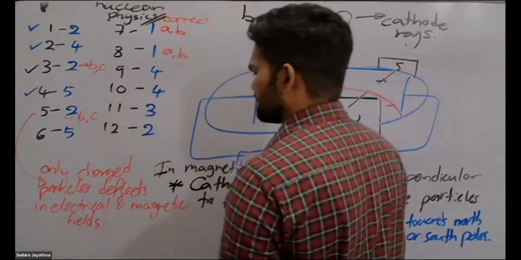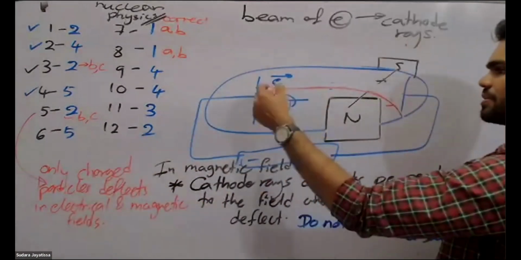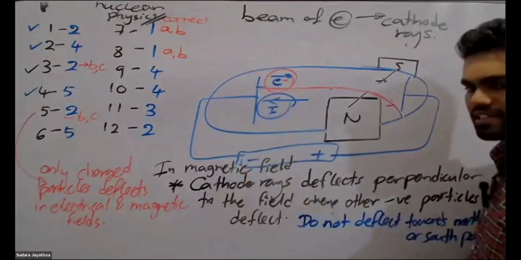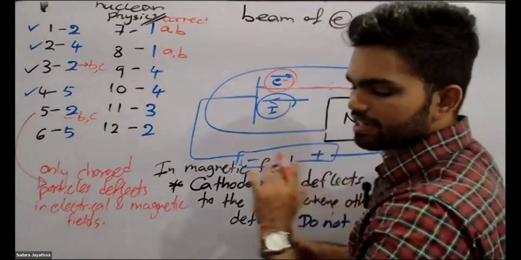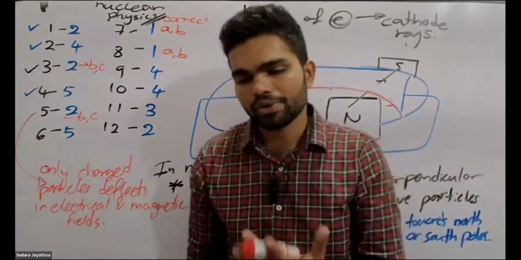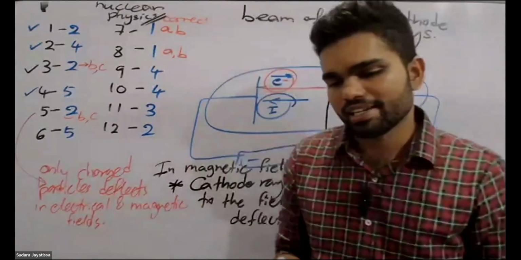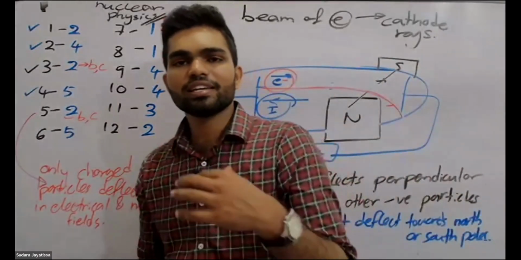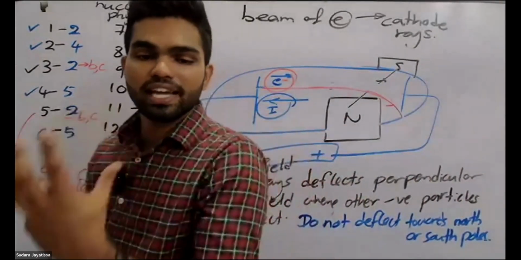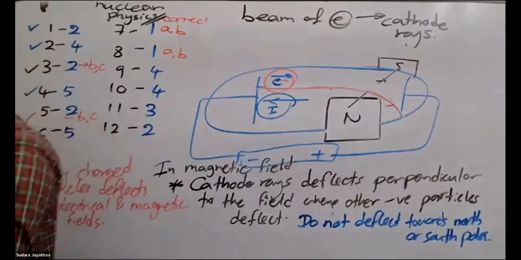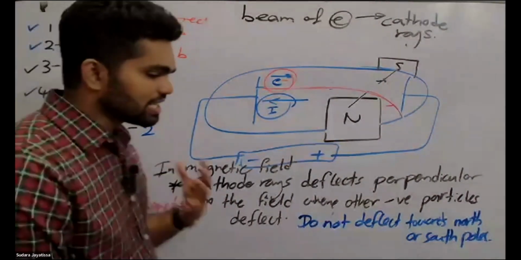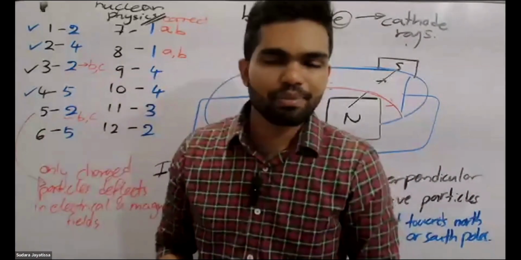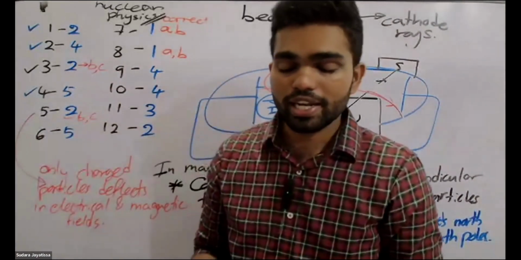Here our beam of electrons, they are electrons, so it's a charged particle, so it must deflect. If you get anode rays, the positive rays we discussed in the last theory class, that is also a charged particle. It's a nucleus, so it will also be deflecting. Any charged particle will deflect in electrical and magnetic fields.